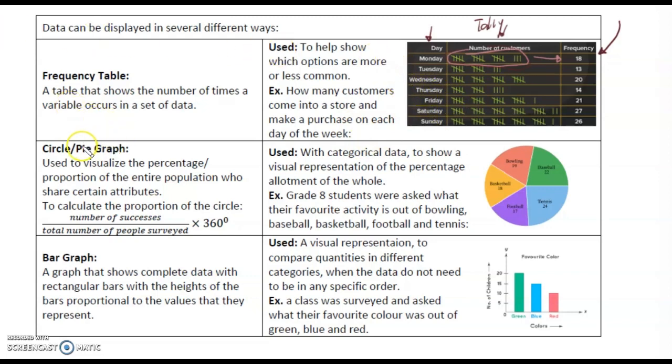Okay, another way that we can display data is a circle or a pie graph. And what this is, it's a visualization of the percentage or the proportion of the people out of the entire population. So what ends up happening is the number of successes is divided by the total number of people to get the percentage or proportion.